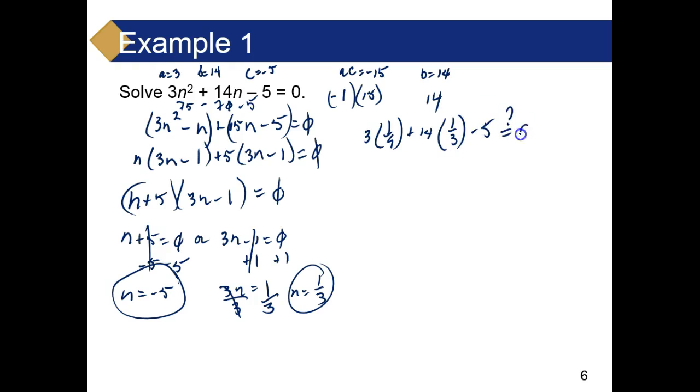Is that equal to 0? Who knows? All right. What can you do with the 3 and the 9? Yeah, 3 will go into 9 3 times. So that leaves us a 1/3 here, plus 14 times 1/3 is 14/3, minus, now, these are in thirds. How many thirds is 5?